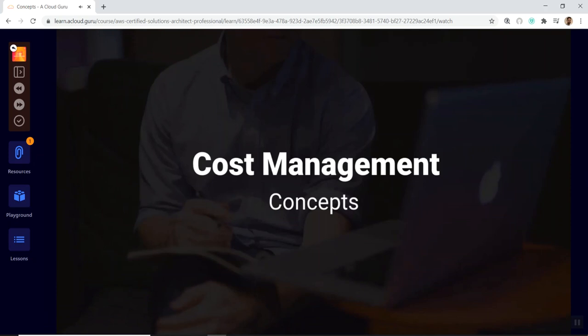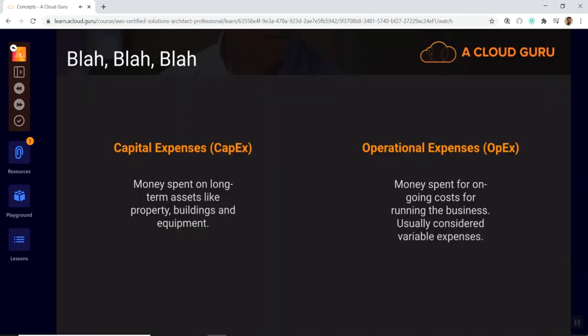Let's talk about some concepts in costing. I want to introduce you to two terms if you haven't heard these before. One is capital expenses and the other is operational expenses. And sometimes people abbreviate this by saying CapEx and OpEx. A capital expense is money spent on a long-term asset like property, equipment, specifically maybe a data center or computers or laptops or something like that.